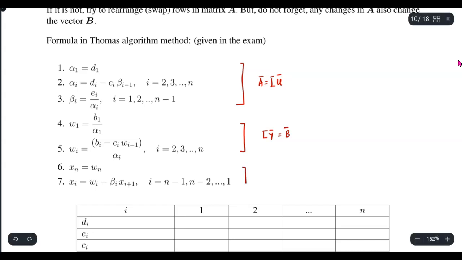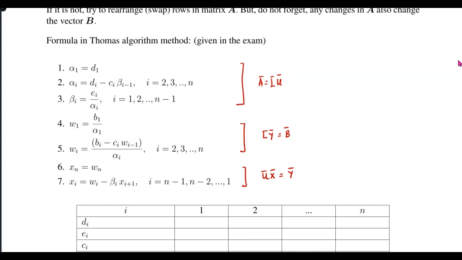And the last 2 basically come from Ux equals Y. So the Thomas algorithm basically still complies with the 3 normal procedures in solving the linear system using the LU method: A equals LU, Ly equals B, and Ux equals Y. It's just that we transform all the processes that we have before in the LU method into an algorithm.